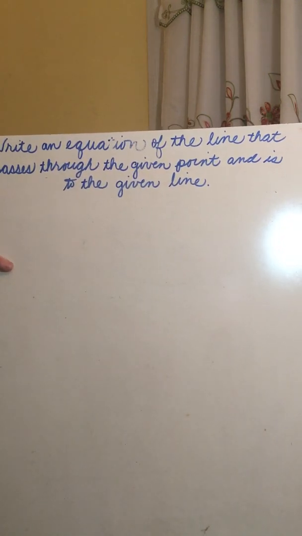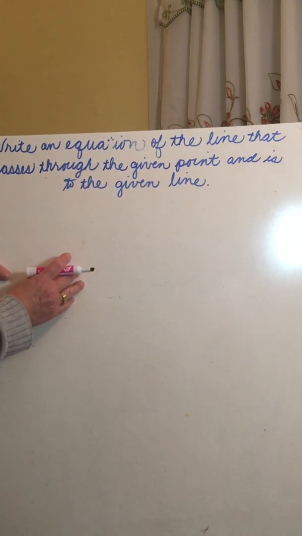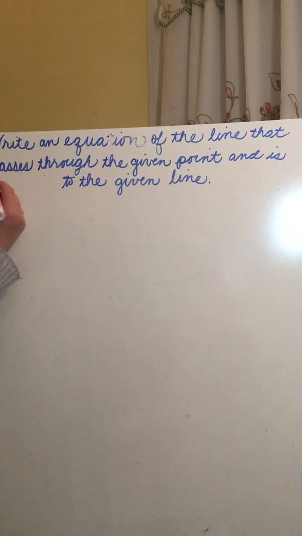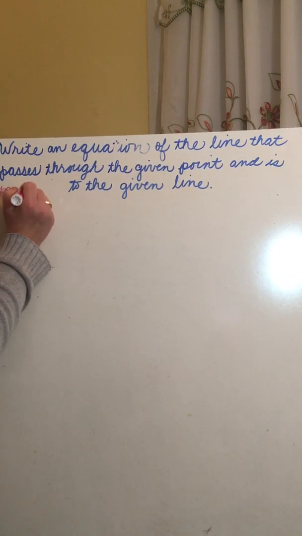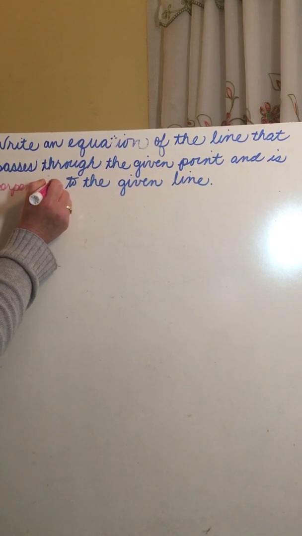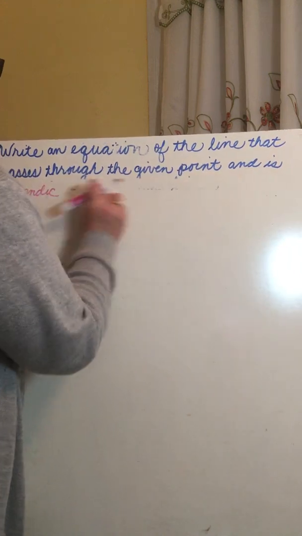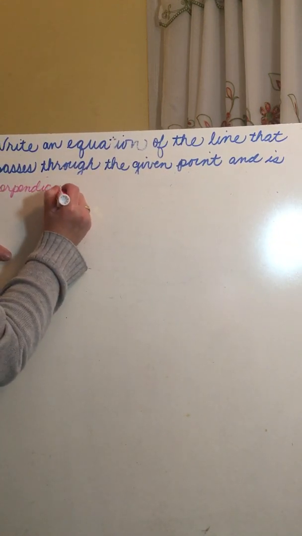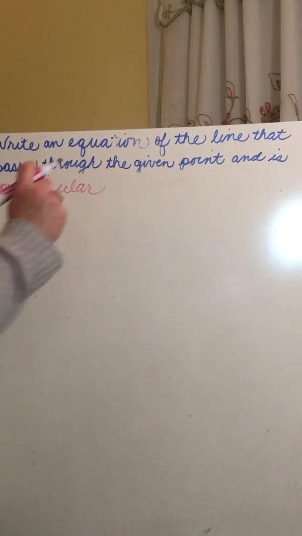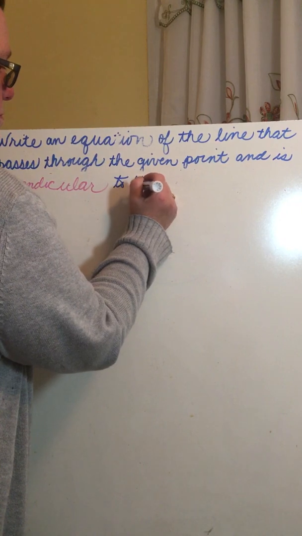And what we're going to do here is write an equation of the line that passes through a point but is perpendicular to a given line.